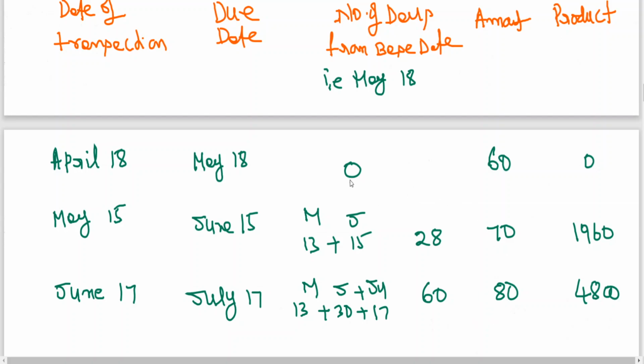Okay. 60 plus 70, 130, plus 80, 210 rupees. And this is product. What is product here? 0, 1960 plus 4800, it is coming 6,760.